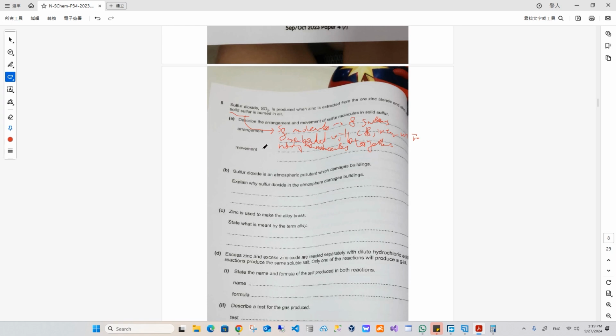Movement. Describe the movement of sulfur molecules in solid sulfur. It has vibration, rotation, and there's no translation.